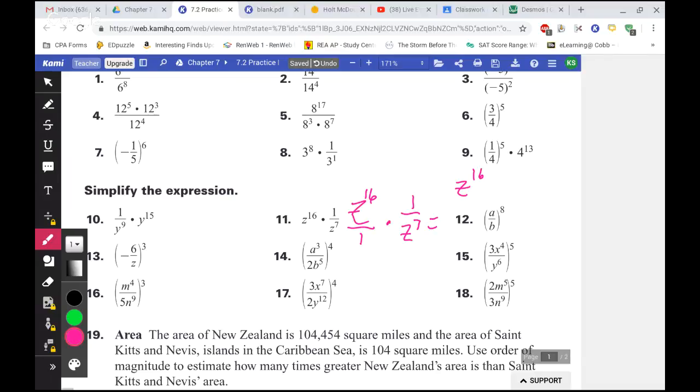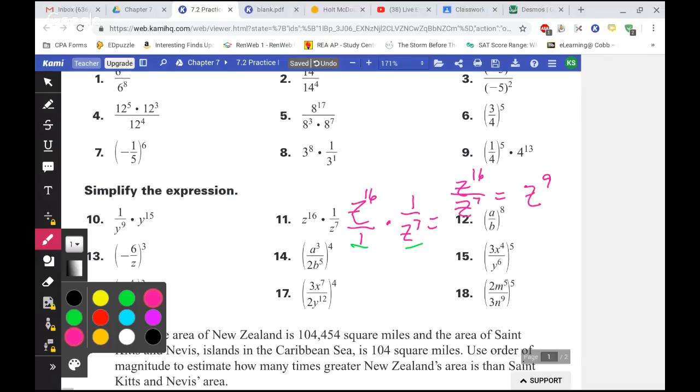So you get z to the 16th, and then you multiply 1 times z to the 7th. So that's now going to be my denominator. So I use the quotient property, and I subtract 16 minus 7. So that gives me z to the 9th.